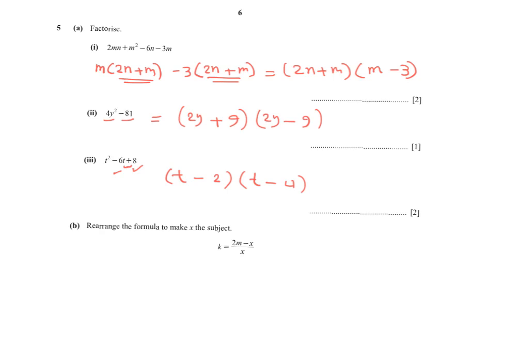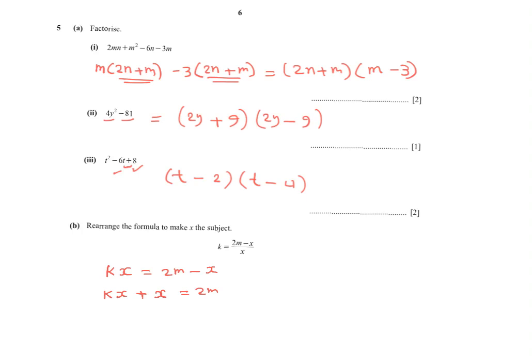B, rearrange the formula to make x the subject. Firstly, cross multiply, because I need to remove x from the denominator. Now kx equals m minus x. I need x as the subject, so put the x on one side, so kx plus x equals m.